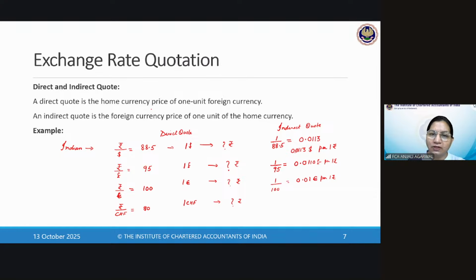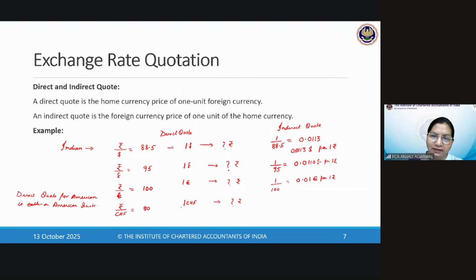Now, we also talked in the previous slide about American and European quotes. Any quotation which is a direct quote for an American is also called an American quote. We can relate the two concepts here.